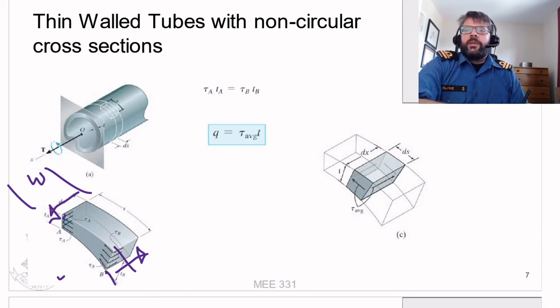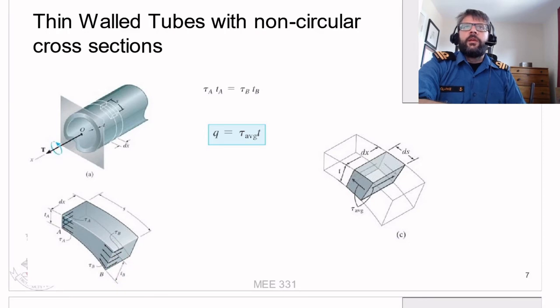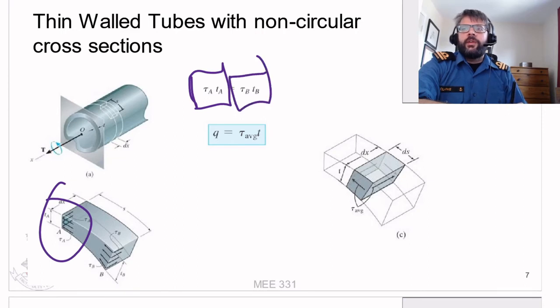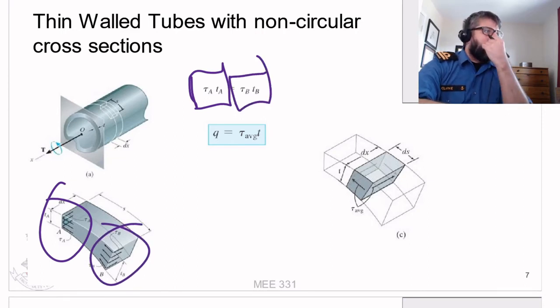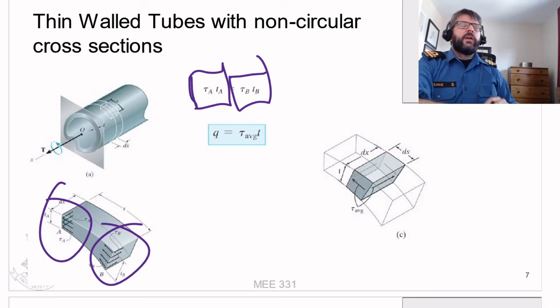So the stress times the thickness here needs to be the same as the stress times the thickness here, and that goes all the way around.